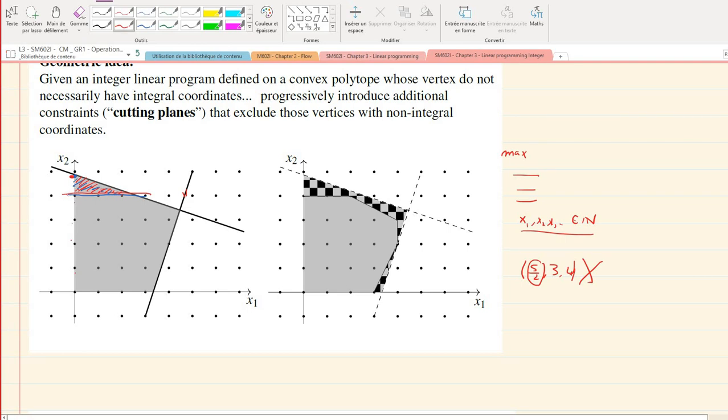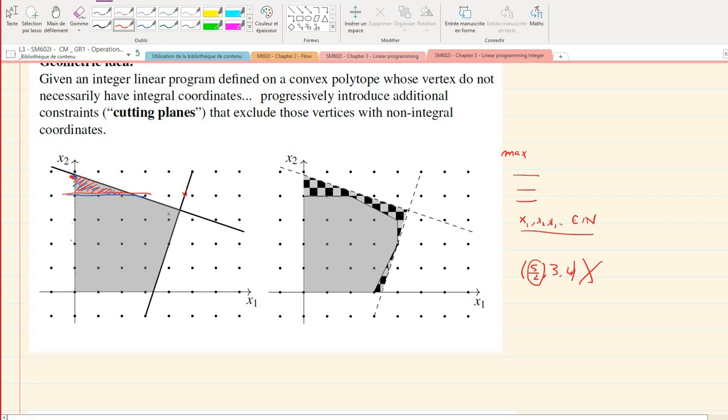So I have to remove all this area, as well as the point that was the solution to my problem, and solve my problem again on this new reduced area, hoping that the solution will be one corner of your domain. So hoping that maybe my solution now will be this point. Now I will solve the problem.